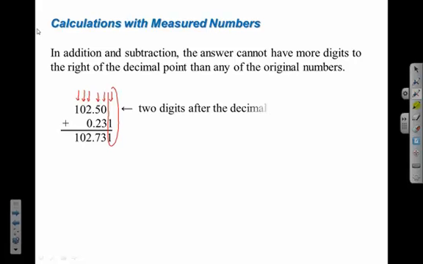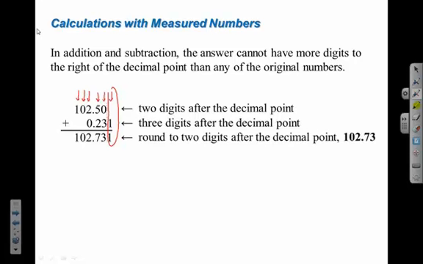So that means that since I only have 2 columns of certainty past the decimal place, I can only have 2 columns of certainty past the decimal place in my answer. And I have to use the first insignificant or unknown digit to round. And since it's less than a 5, I wouldn't round up, and I would have 102.73 there as my answer.